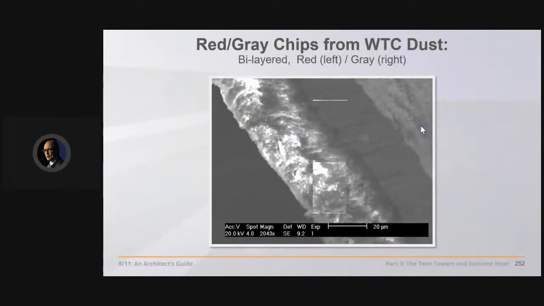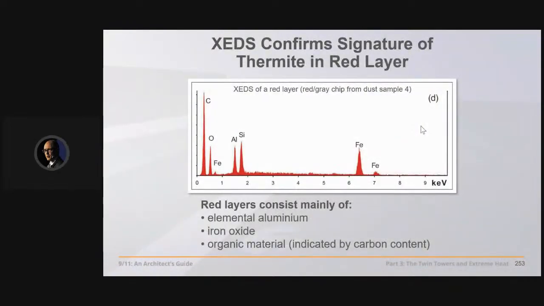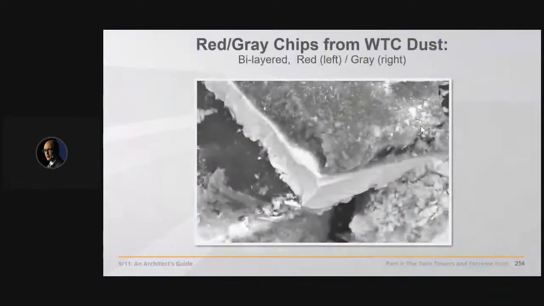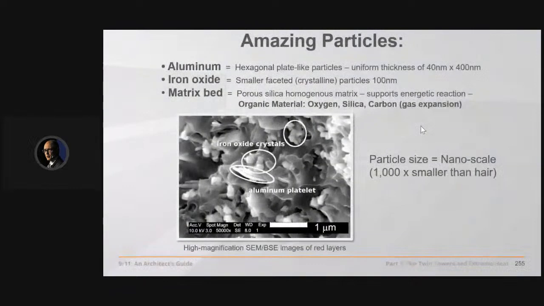So they look at the red layer with X-ray energy dispersive spectroscopy and confirm that the red layer is thermite. The ingredients of thermite being iron oxide and aluminum powder, in addition to carbon, oxygen, silica. Fascinating. Organic material. Come back to that.